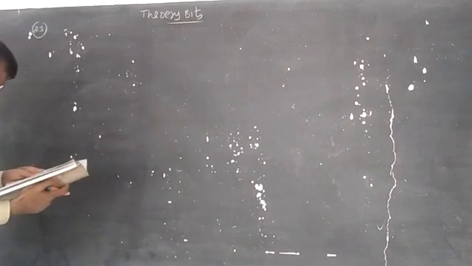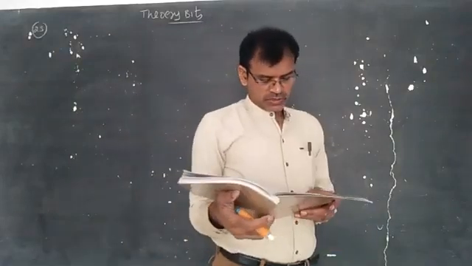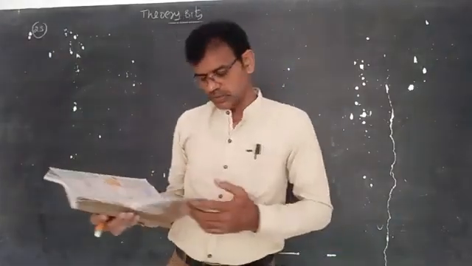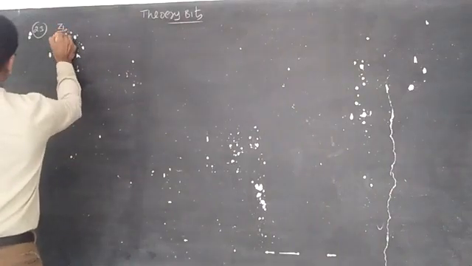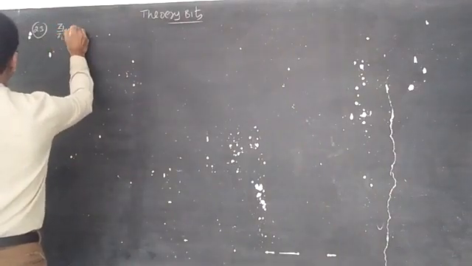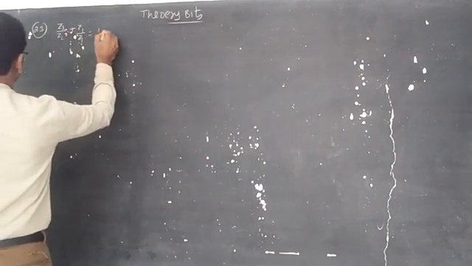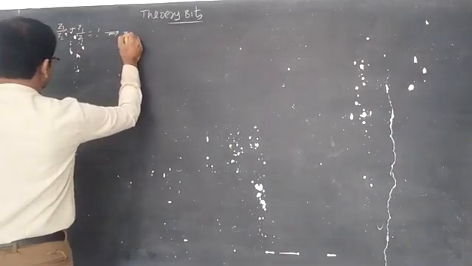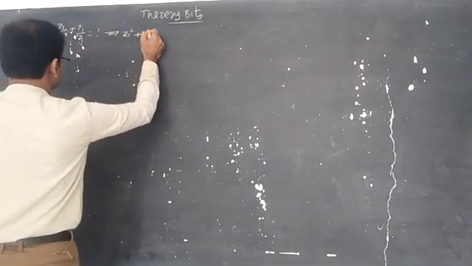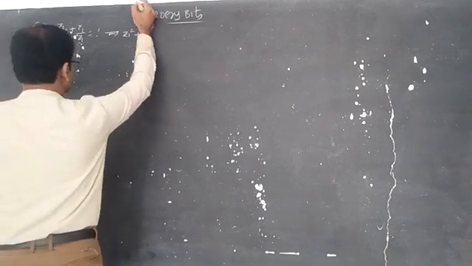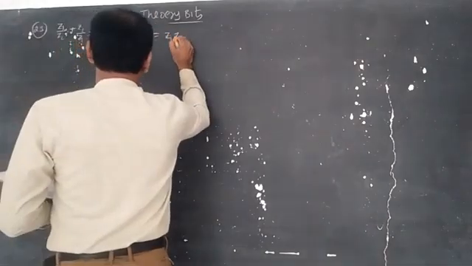Now the 23rd question. Let Z1, Z2 be two complex numbers such that Z1 by Z2 plus Z2 by Z1 is equal to 1. Then the origin and the points represented by Z1, Z2 form what? Z1 by Z2 plus Z2 by Z1 is equal to 1 implies Z1 square plus Z2 square is equal to Z1 Z2.